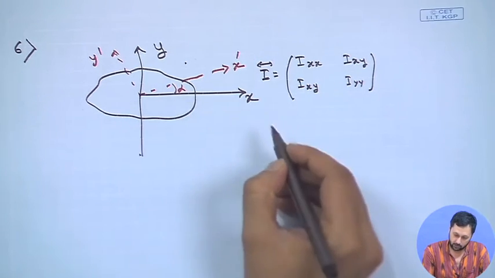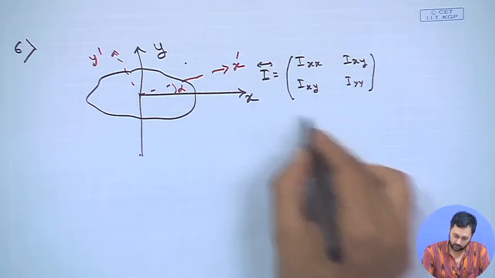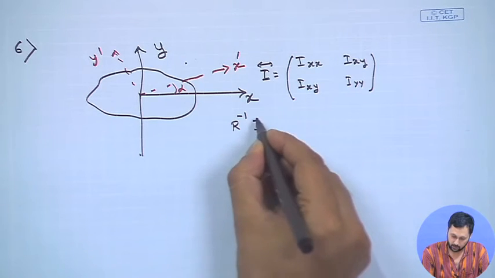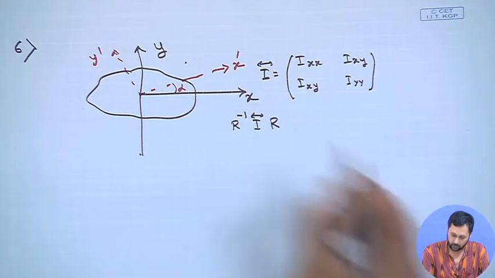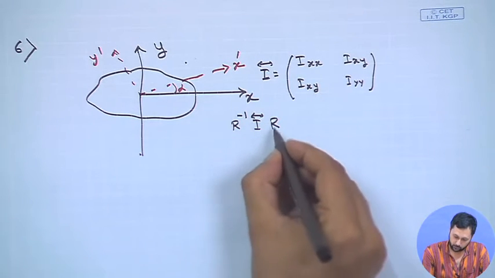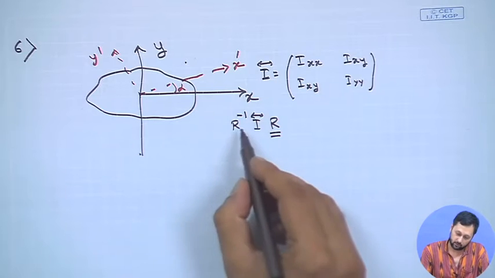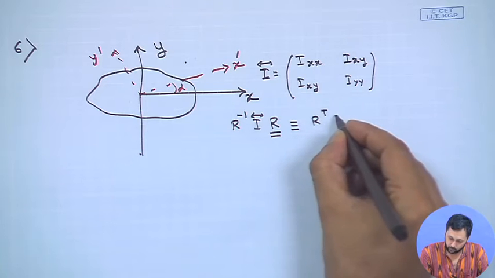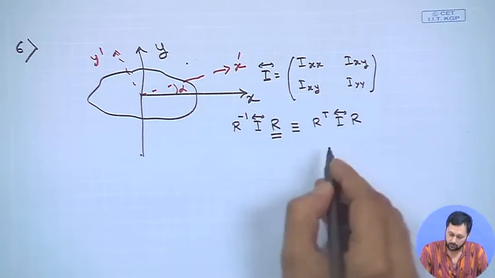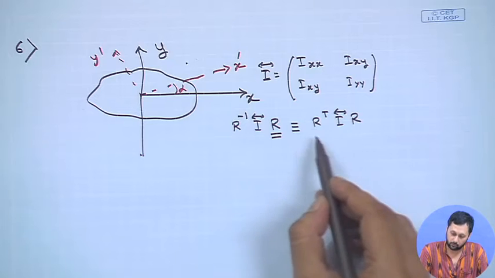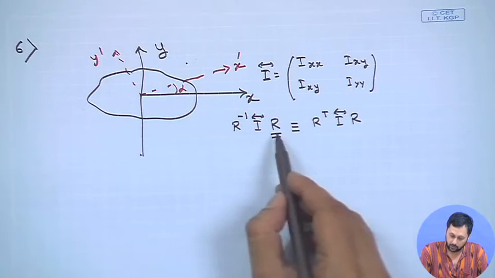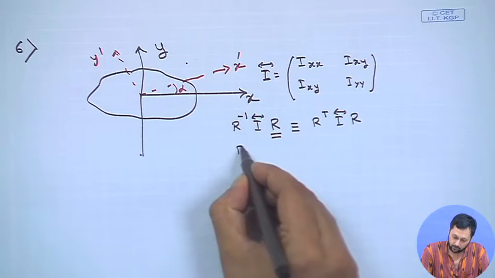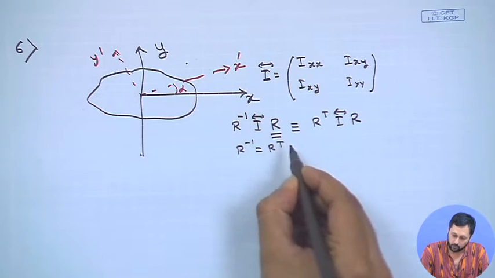A tensor is rotated by the following transformation: R inverse I R. So we have to find a suitable R, then execute R inverse, which is equivalent to R transpose I R for a group of transformations called orthogonal rotations, which in this case is a simple coordinate rotation. So in this case R inverse is equal to R transpose for any rotation matrix.